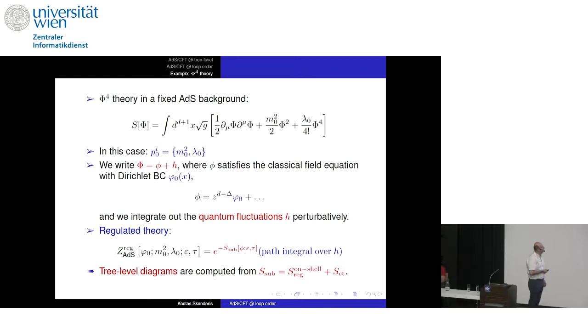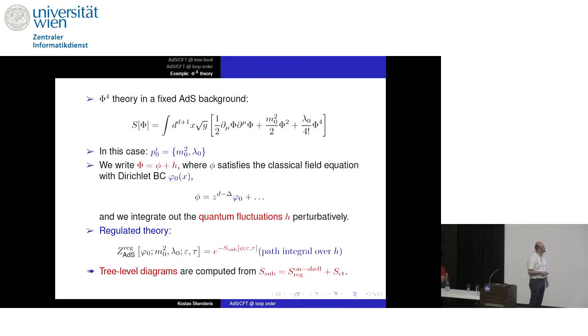And then we need to integrate the quantum fluctuations. Now the quantum fluctuations vanish at infinity because we already take care of the boundary conditions through the classical field phi. So now the regulated theory here is defined by doing a path integral over h, and we have this prefactor, which is the on-shell value of the action, regularized the way I just described, plus the boundary counter terms.